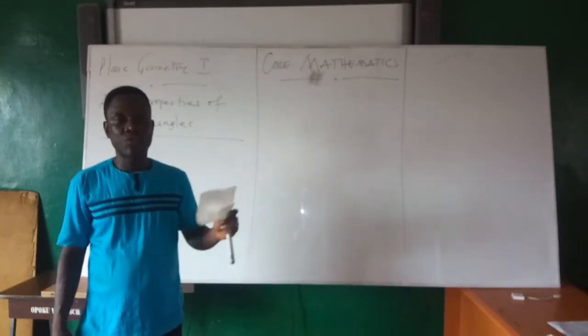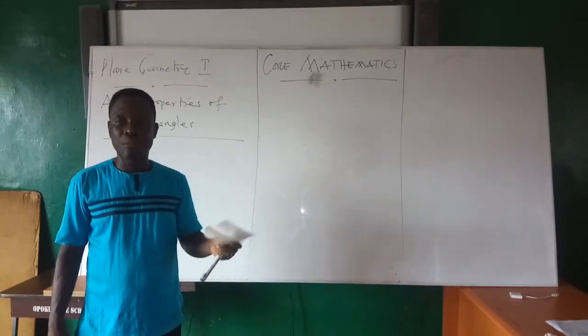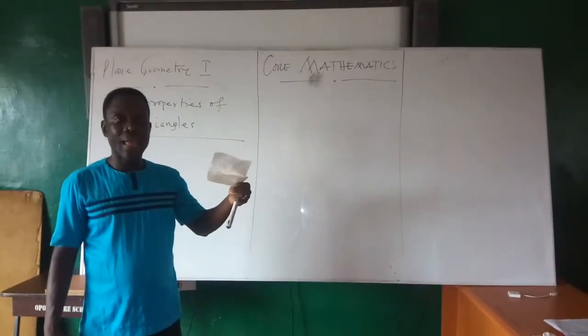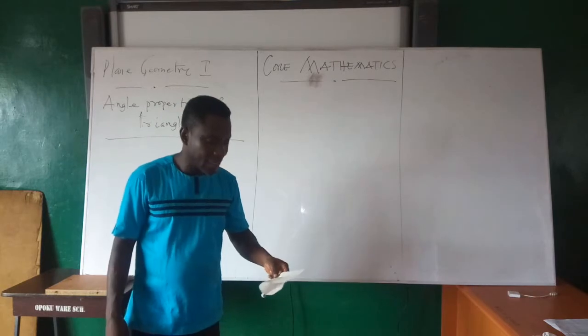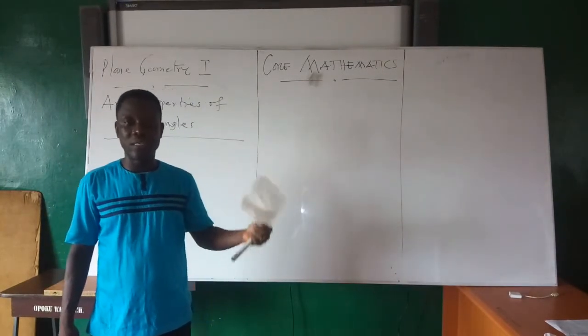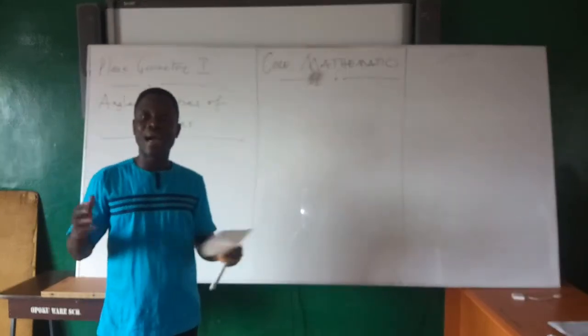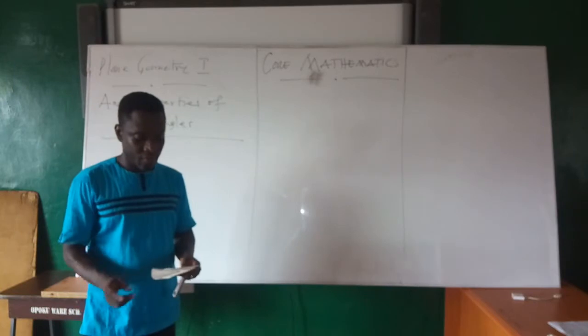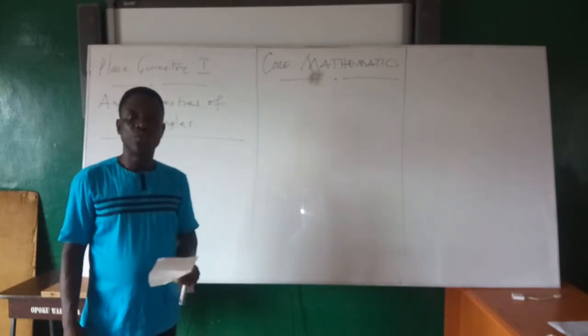Now, when I talk about the types of triangle, I'm sure you are already familiar with them. I'm talking about the isosceles triangle, the equilateral triangle, the scalene triangle, the acute angle triangle, the obtuse angle triangle, and so on. Those types, we expect that you know them.